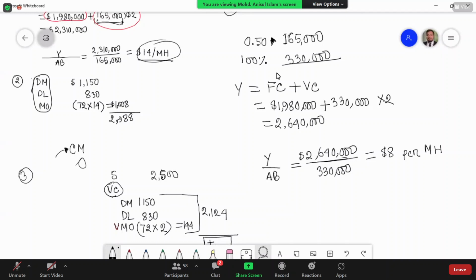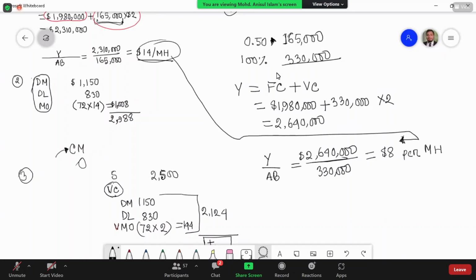So you see the change from $14 overhead per machine hour to $8 per machine hour. What has caused the change? Do you know which portion has caused this change, reducing it from 14 to 8?